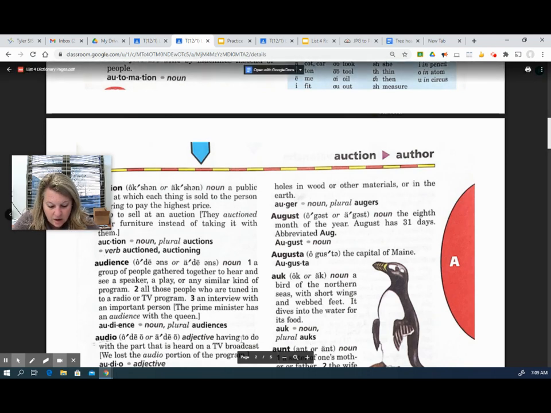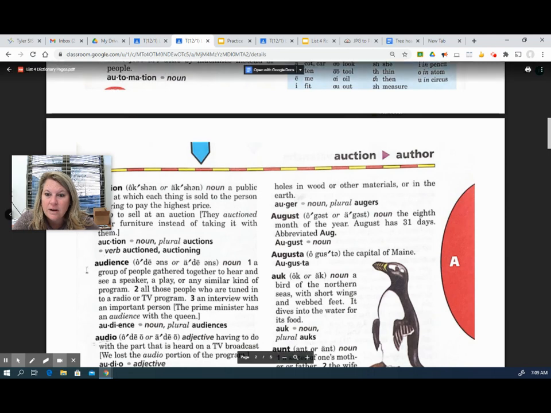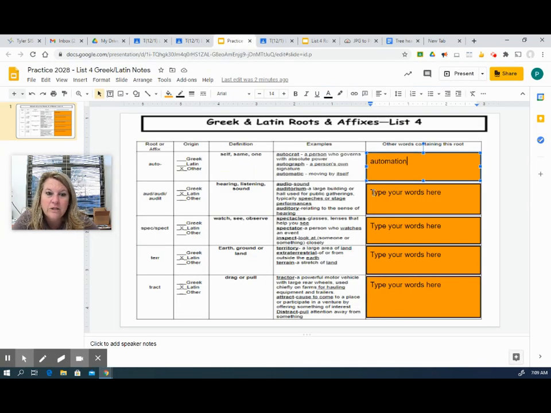I'm going to go ahead and go with this because I heard the words to hear in the definition of the word, and the definition of the root is hearing, listening, or sound. So I know that this word not only has the letter combination, but it also has the definition. So I'm going to jump back here to my notes page, and I'm going to add the word audience.